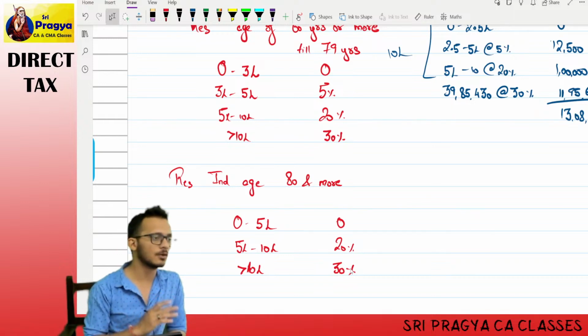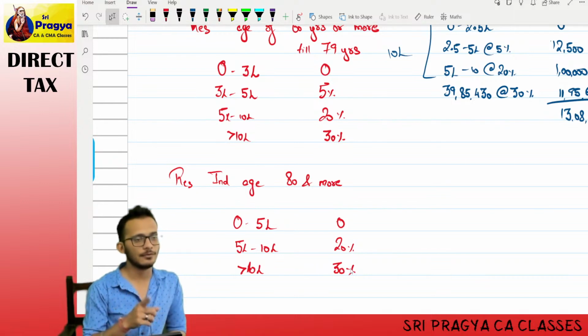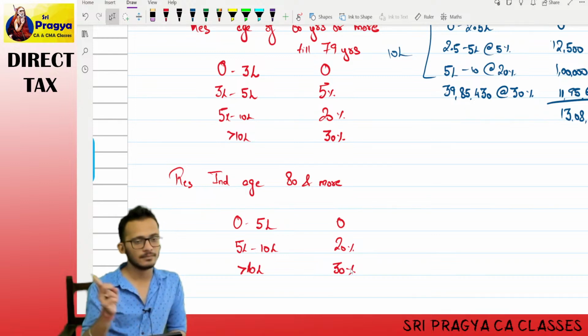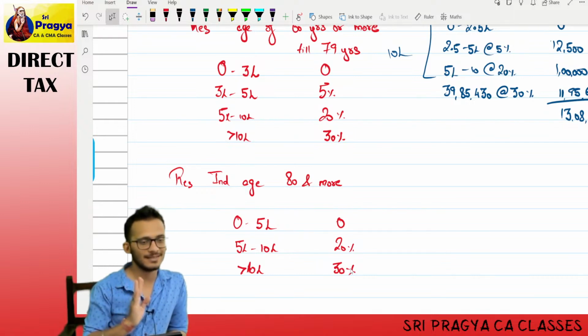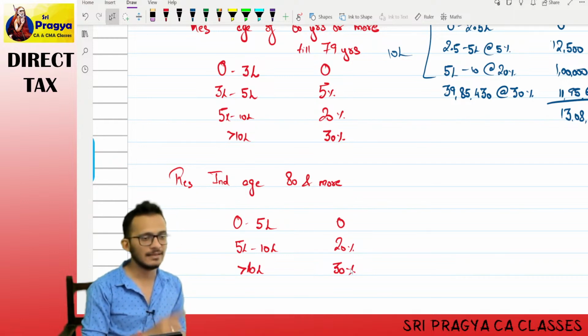If you are more than 60 and less than 80, 0 to 3, 3 to 5, 5 to 10, after 10. Rahul, if you are more than 80, 0 to 5, 5 to above 10. Do we have to remember this? 100% yes. No doubts at all. You must definitely remember this. Yes, these are your slabs.